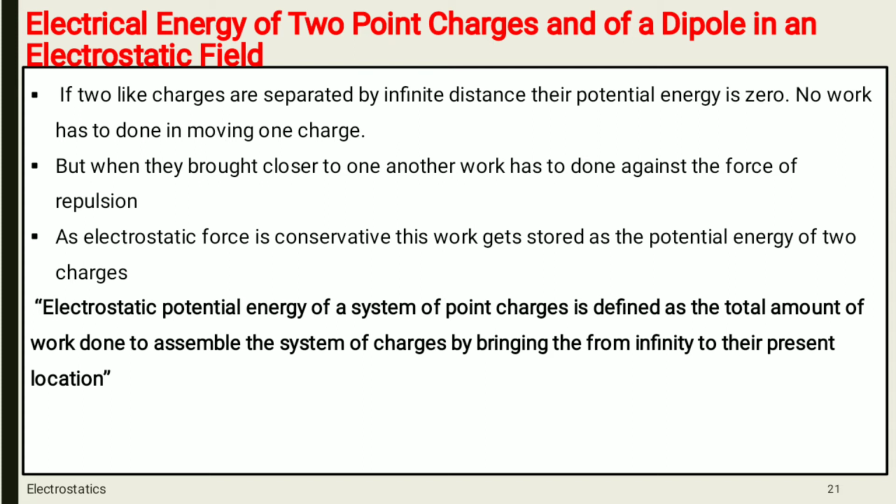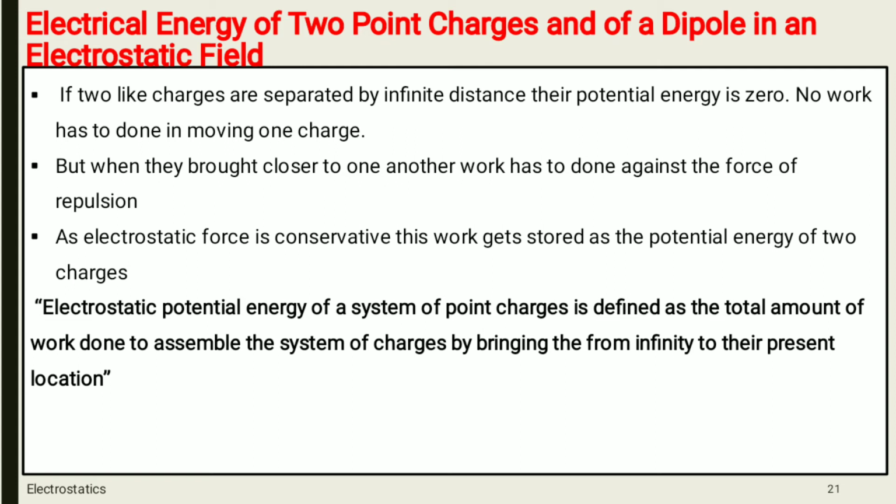Now, no work has to be done in moving one charge. As you know that if two same or different charges are placed nearby, then there will be some work done. You will have to do some work to remove or to take one charge apart from the other.